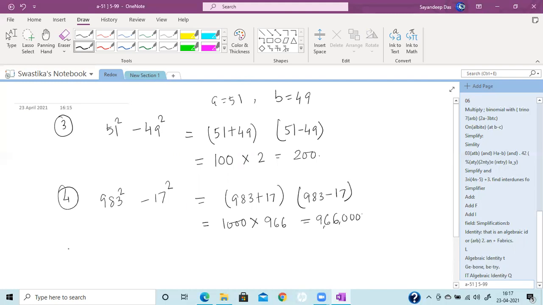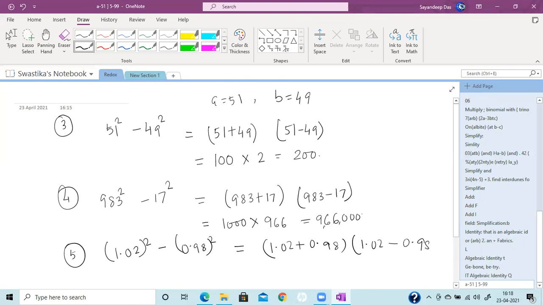Let us solve one more problem so that you will understand all kinds of problems. Suppose this is given: 1.02² − 0.98² is equal to how much? So (1.02 + 0.98) into (1.02 − 0.98).